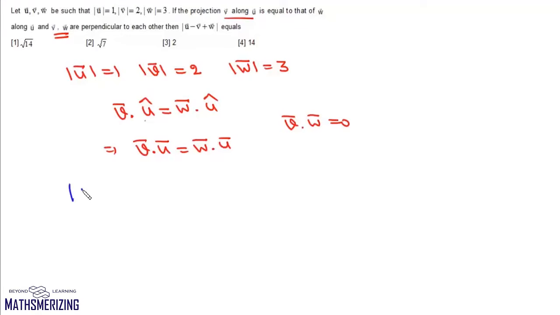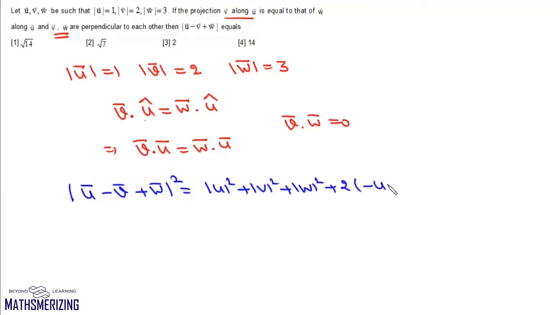Now if we write mod of u minus v plus w square, it will be mod of u square plus mod of v square plus mod of w square plus 2 times minus u dot v minus v dot w plus u dot w.